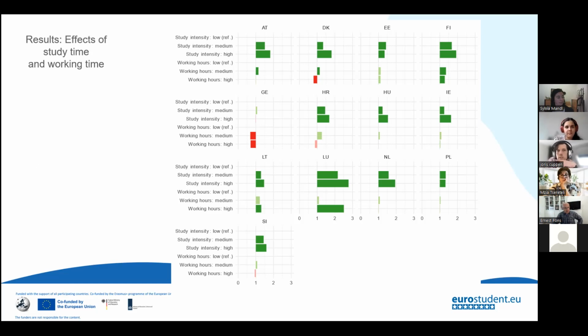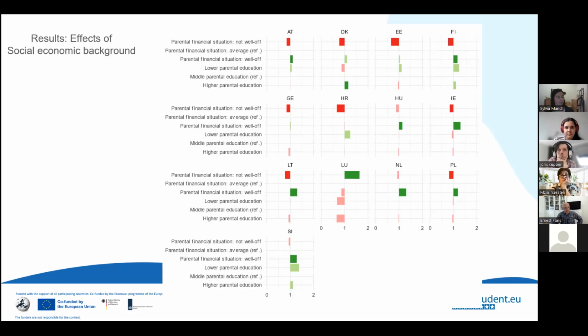And in the next slide, we also looked at the socioeconomic background of the students separately for the participating countries. And I forgot to mention, these are also the outcome of the logistic regression models based on the same model as you saw before. Here you also see varying effects.